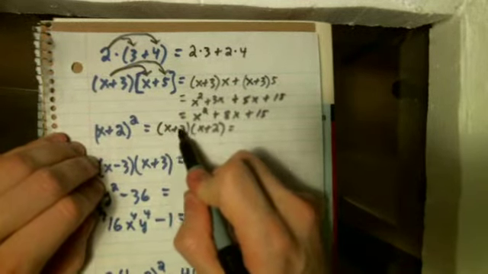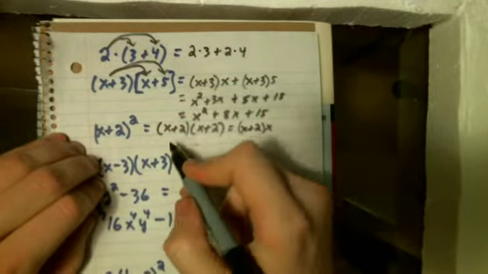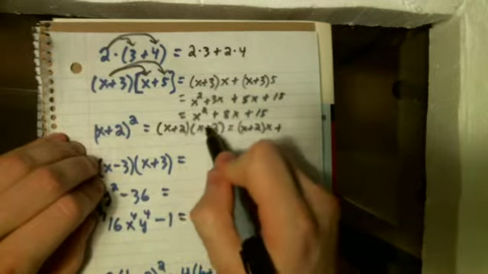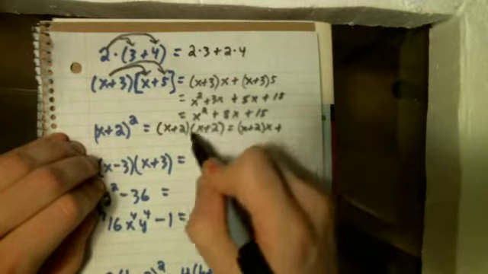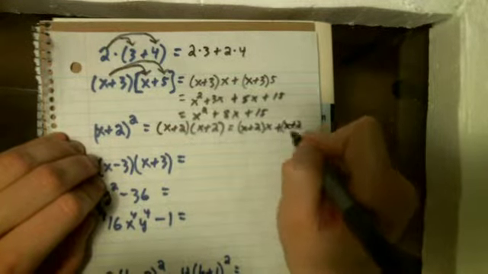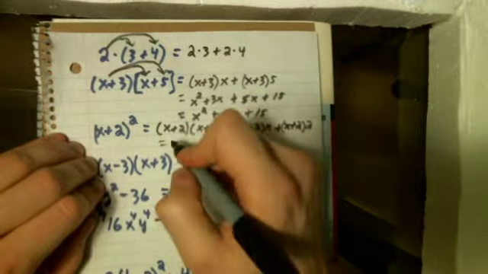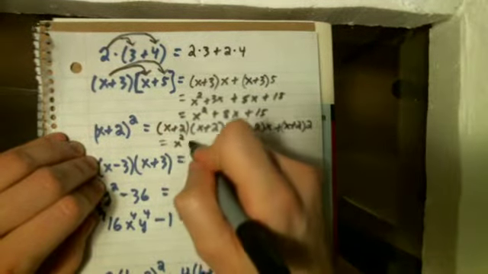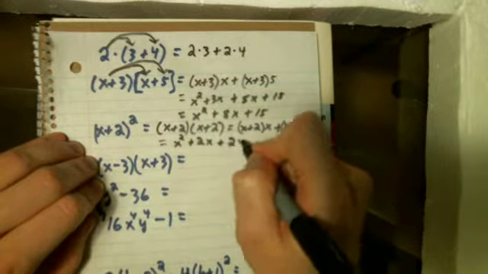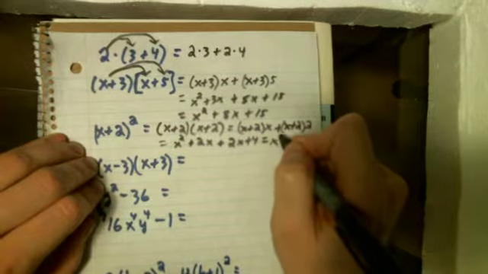So I have to do (x plus 2) times x, and then plus (x plus 2) times 2. So I expand, and I get x squared plus 2x plus 2x plus 4. So I get x squared plus 4x plus 4.